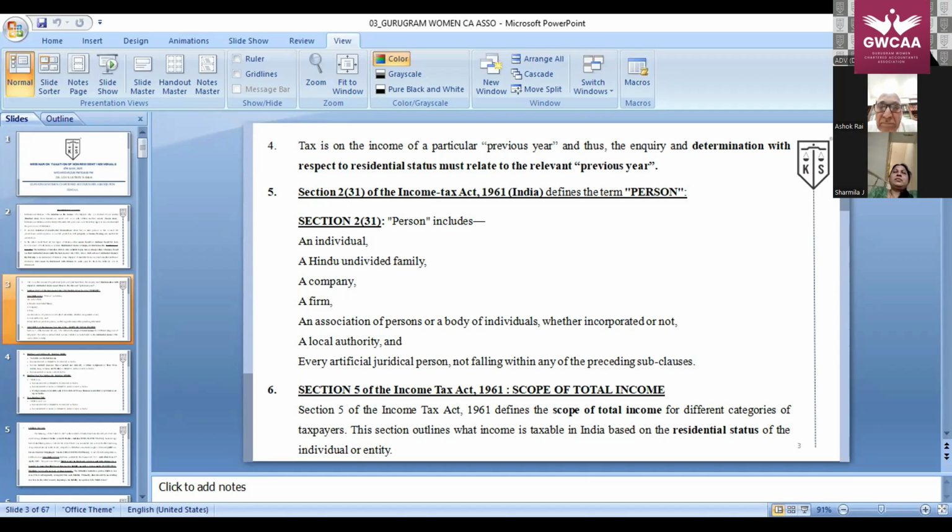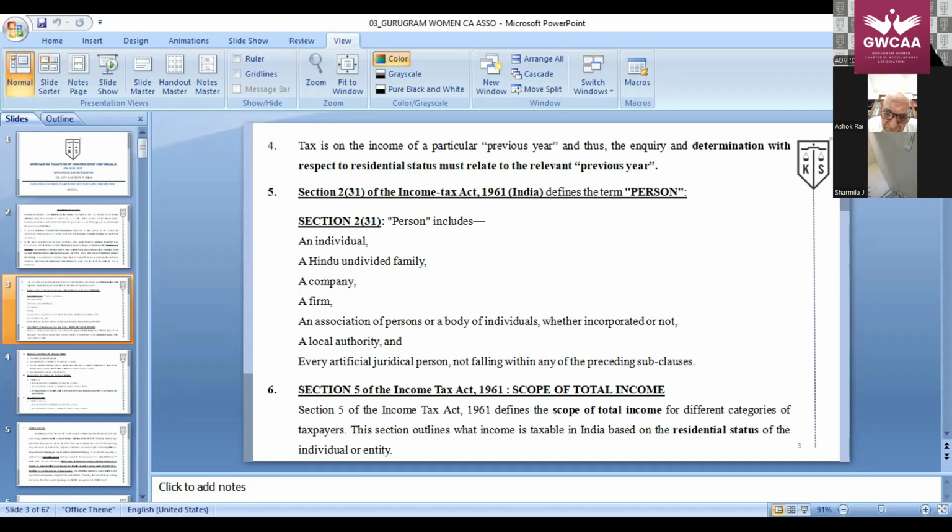Now we need to think about who comes under the purview of taxpayers or person, because here there is no definition of individual, but there is a definition of person in section 2(31) of the Income Tax Act 1961.